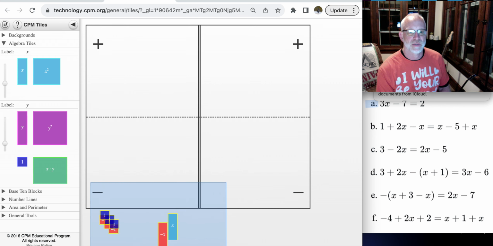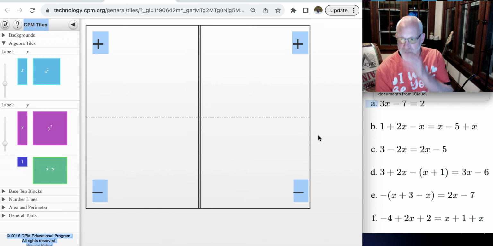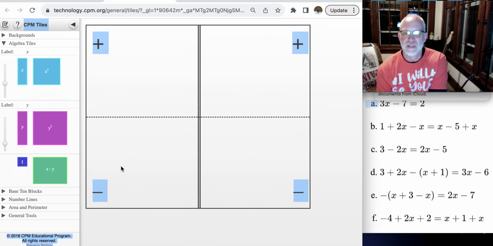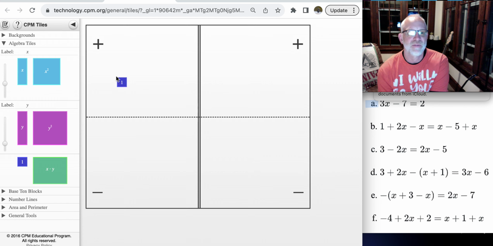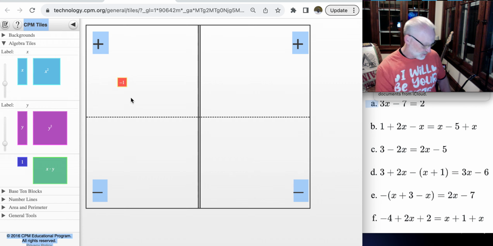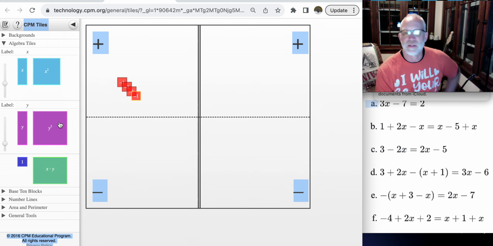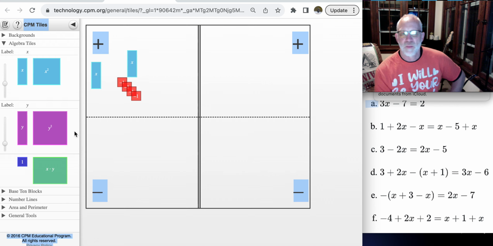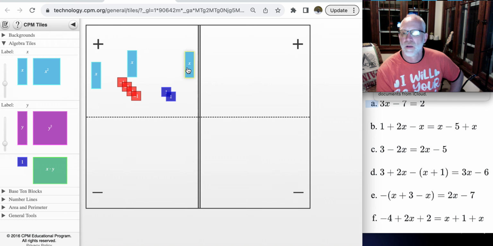Last one. Looks like this. This is the one that I saw Cam get, and he's like, it doesn't work. And I'm like, yeah. All right, up here we have -4. And there was a reason they did one like this, plus 2 x's plus 2 equals x plus 1 plus x.